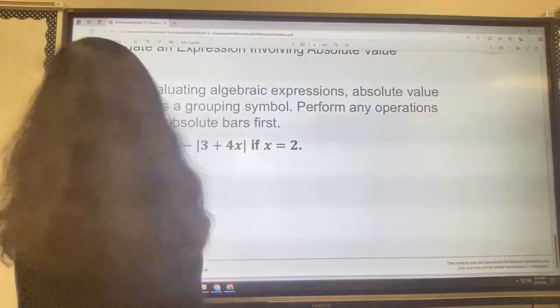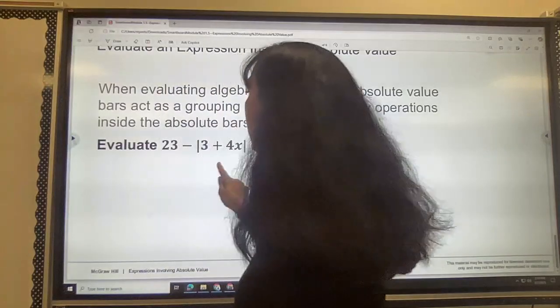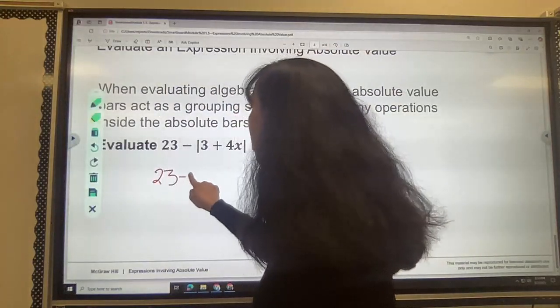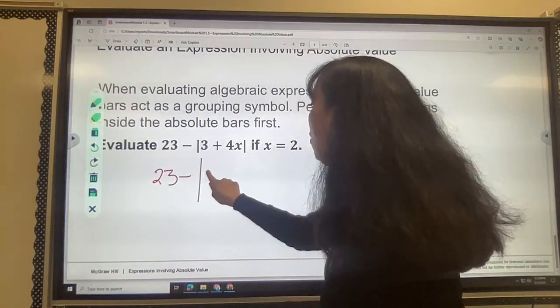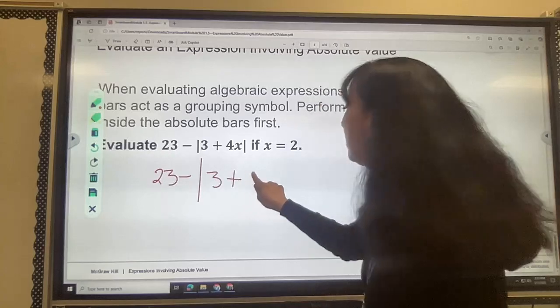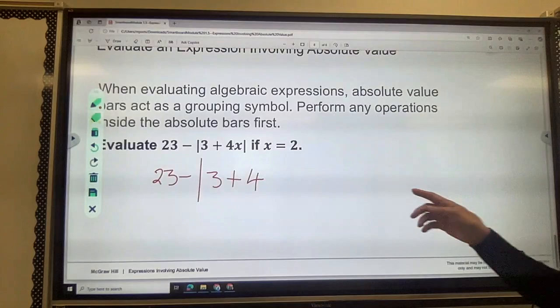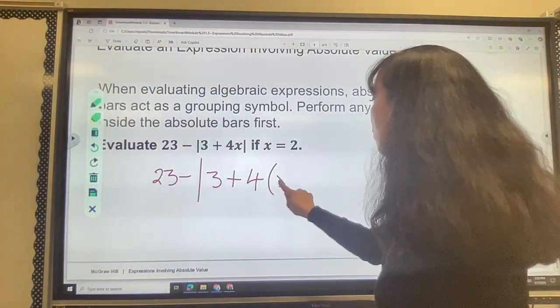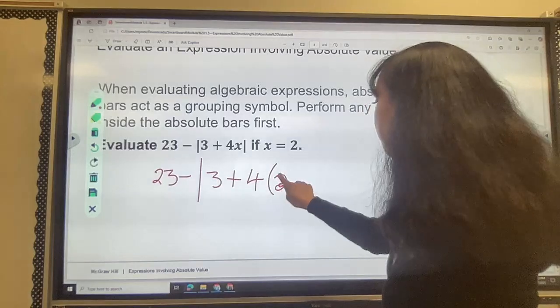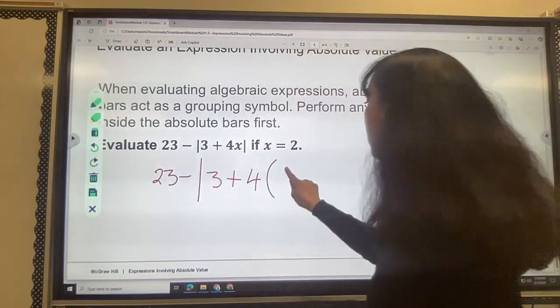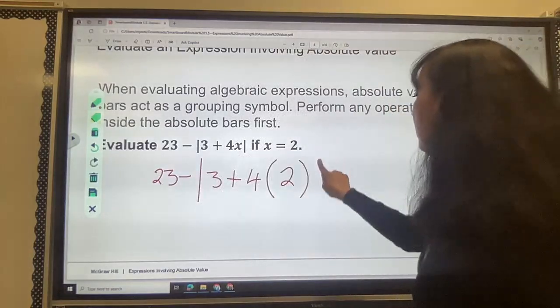And we are going to solve this problem by writing out 23 minus absolute value of 3 plus 4, and then what is the value of x? It is 2. So 4 times 2. All right, 4 times 2. And then we have this.